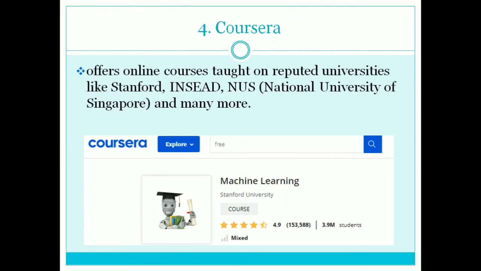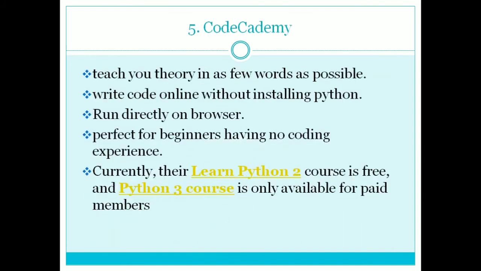Many popular university professors teach different languages and different courses. As you can see here, the machine learning course offered on Coursera is from Stanford University, and basically it is free also. So many people are taking advantage as well as getting enough knowledge of different languages. So you can use these courses to build and increase your knowledge and to learn the Python language.